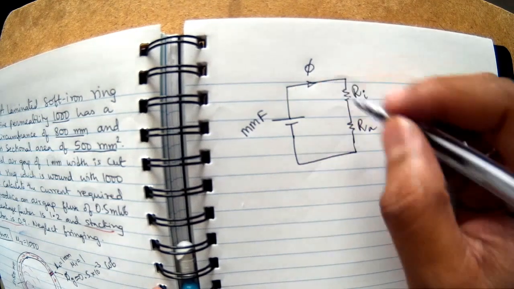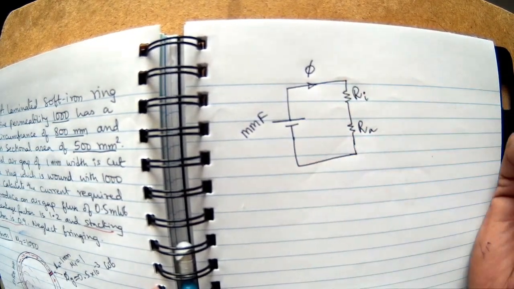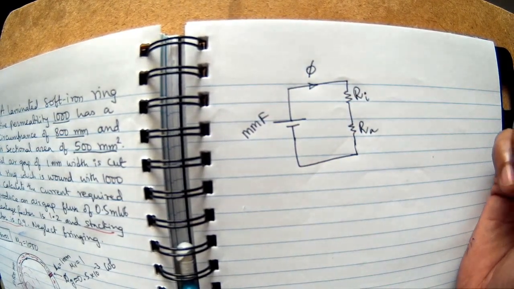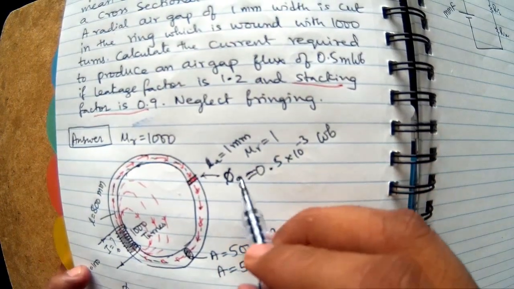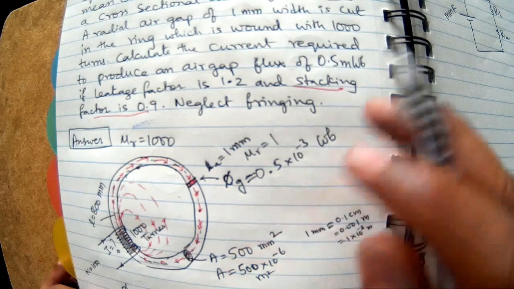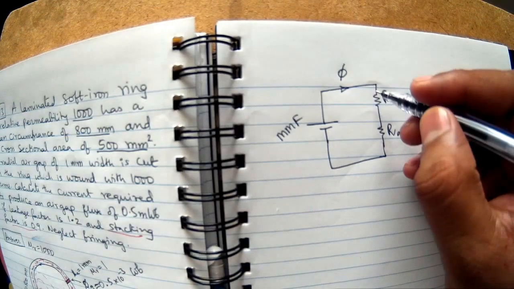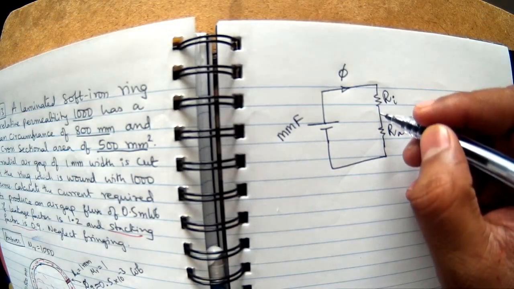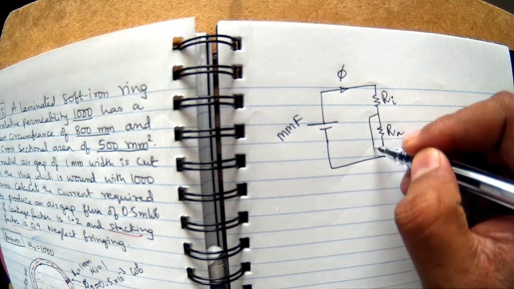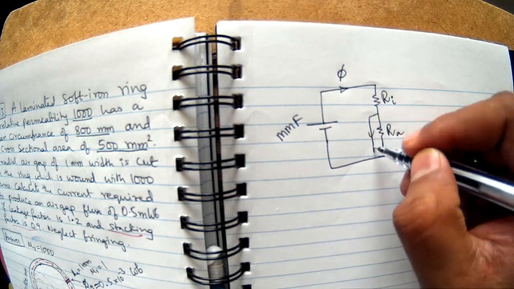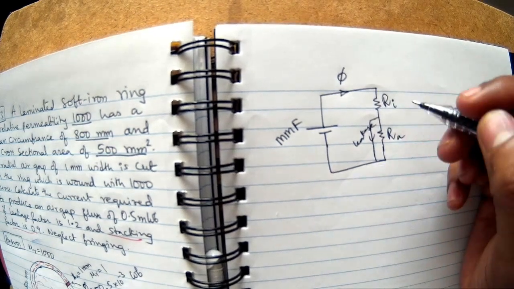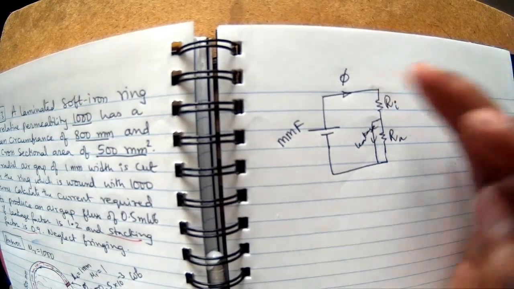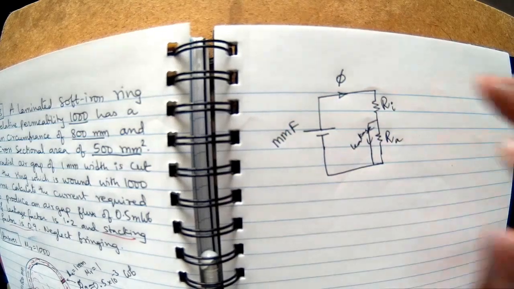Two reluctances are there. We have to add them, and then we'll get the final thing. But this analogy does not exactly match because the leakage effect is given. So this will actually have some more. I'll just show it as some kind of leakage. But the exact electrical analog is not matching. I have drawn this figure just to give you an idea.